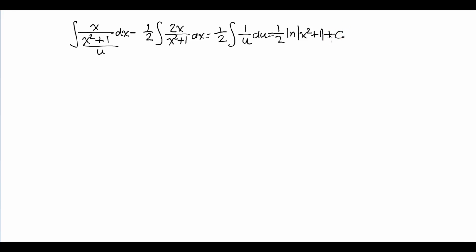Now, let's do this one: the integral of e to the x minus e to the negative x over e to the x plus e to the negative x dx. Now this one certainly seems complicated, but it's not really that complicated if you use the ln rule.